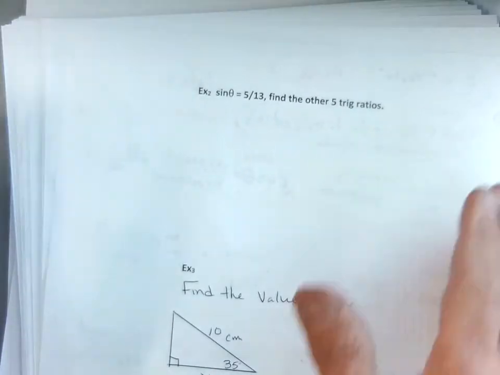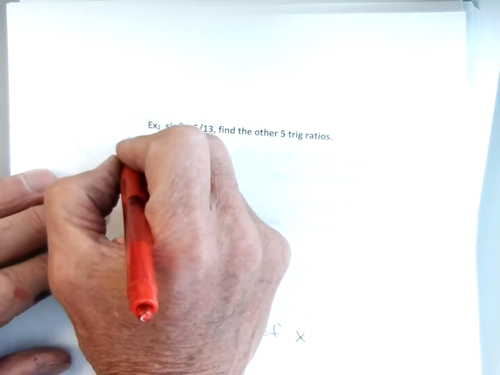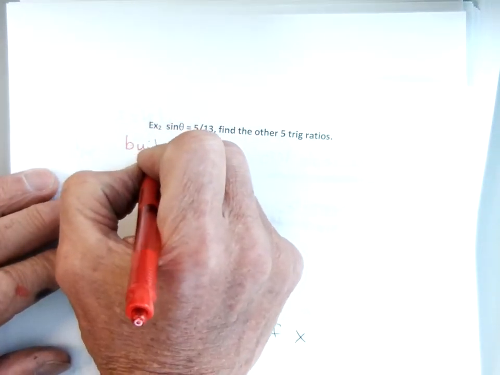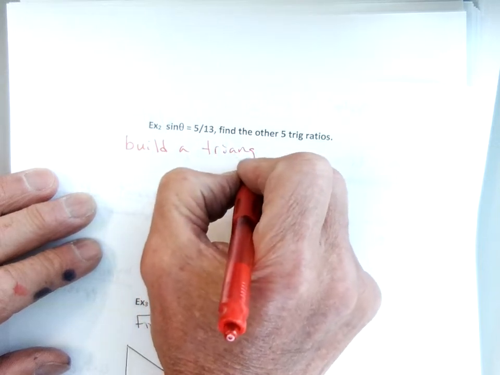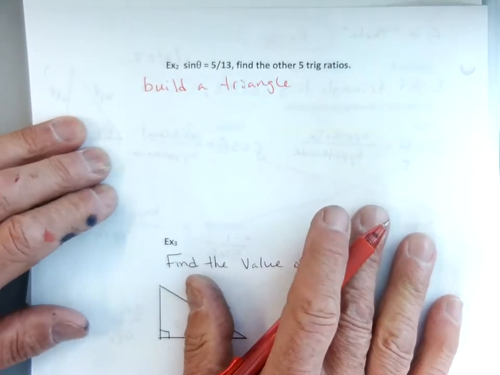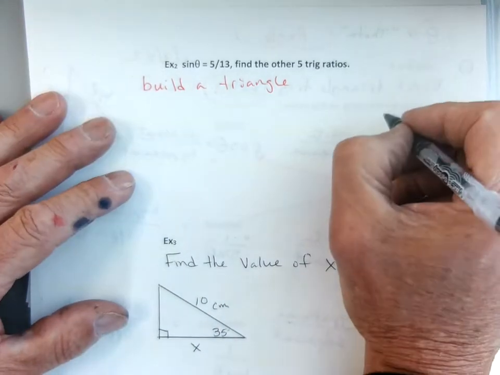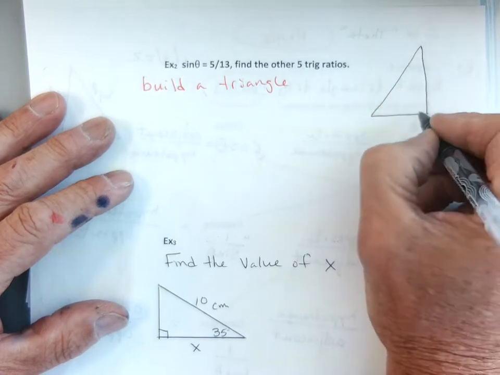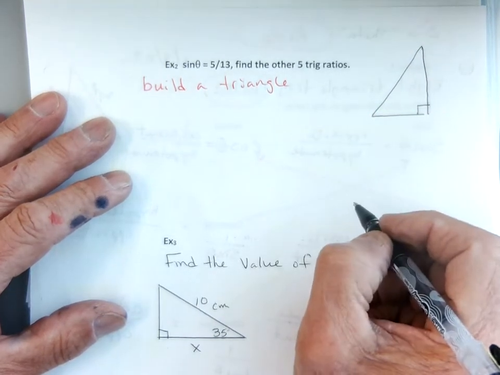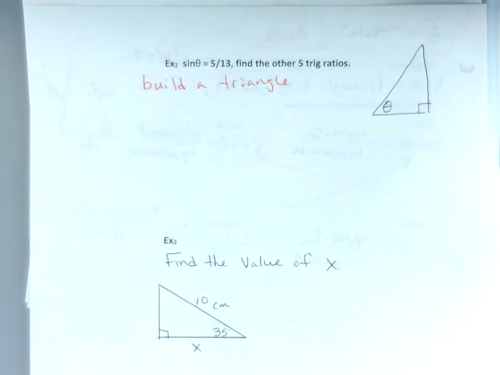Now, example 2. In example 2, I need a triangle. So I need to build a triangle, because I don't have one. I'm going to put theta right there.